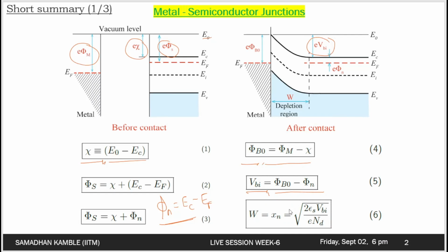Schottky diodes can also be approximated as a one-sided junction, and hence the depletion region is approximately equal to the depletion region on the n side.